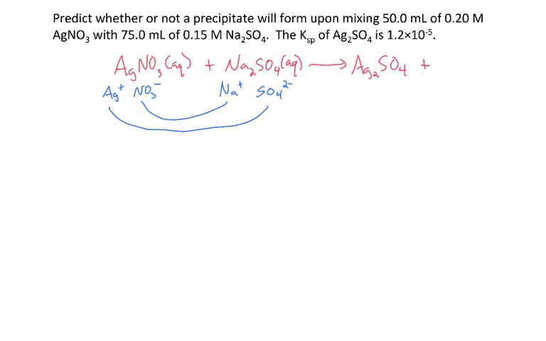Sodium and nitrate each have charges of magnitude 1, so the formula will just be NaNO3.